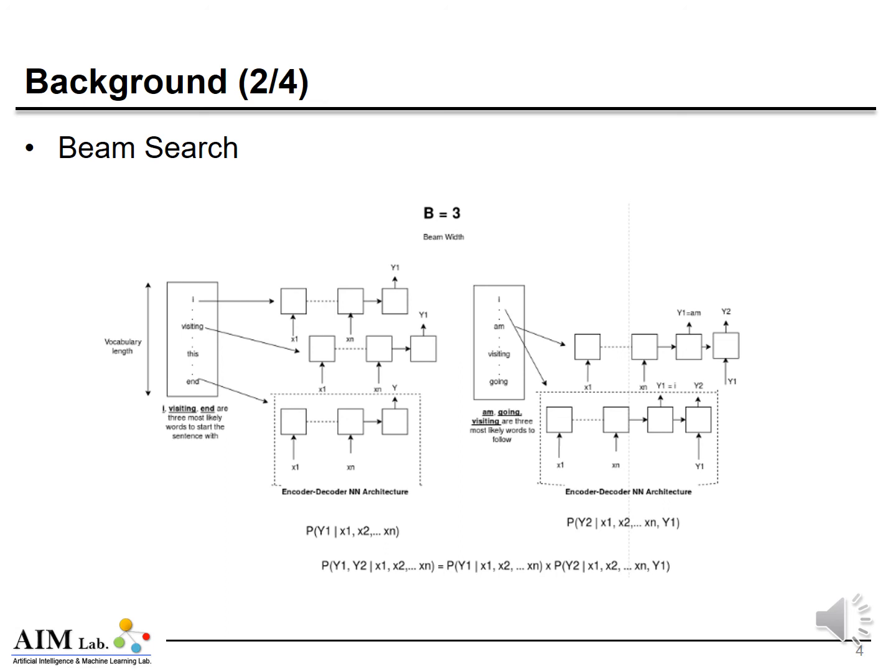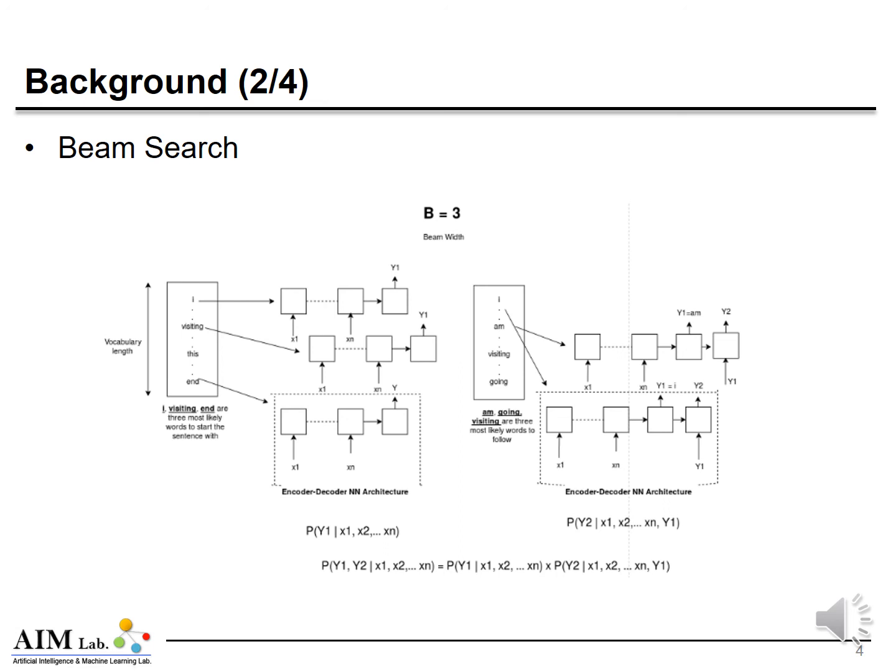Let's say am, going, visiting are the top 3 probable words when the first word is I. As a part of step 2, we hardwire the Y1 in the decoder network and try to predict the next probable word if Y1 has already occurred.